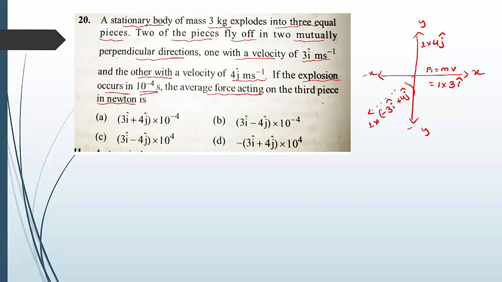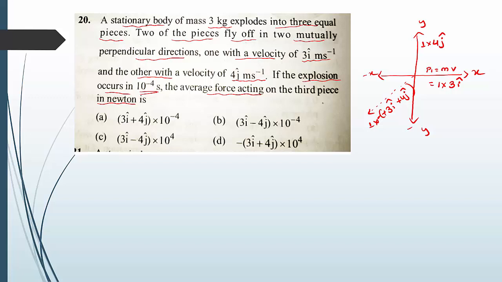This is the momentum. So we considered the third piece has momentum 1 into minus of (3 i cap plus 4 j cap). This is the minus sign. Right? So now we go for the average force.